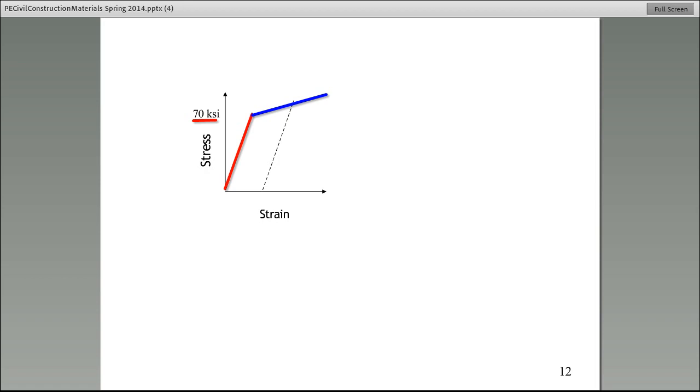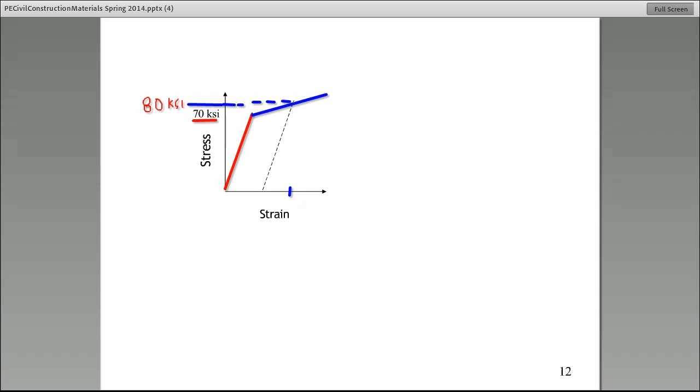So here, remember, strain is measured on the x-axis. Stress is on the y-axis. So this is what they're asking you to do. They say, all right, for a point that has a stress of 80 KSI, what is the strain associated with that?